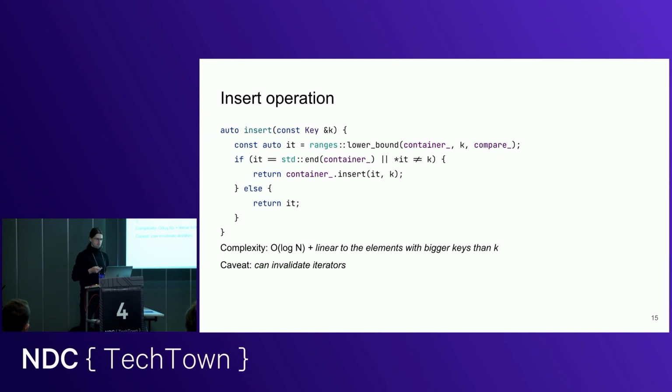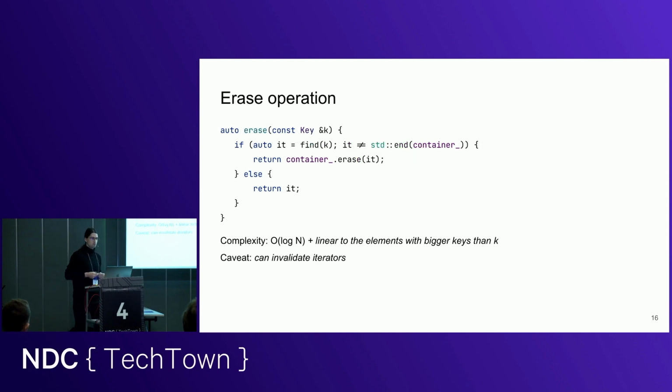We can go. The erase operation, and erase is implemented in terms of find. We just do find, but here one interesting thing is that we need to check whether this iterator is valid or not, because that's a requirement for erase, that the iterator you want to erase shouldn't point to the end of the container, to behind the container.